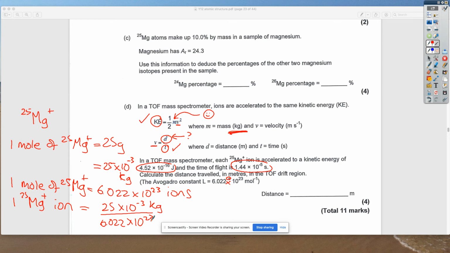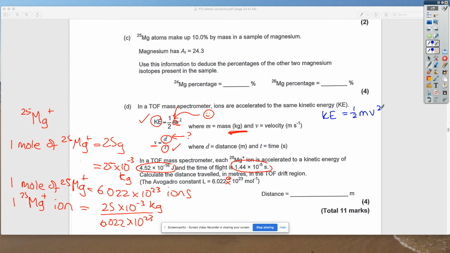It might not have been obvious at first, but we can find M. So once we've got M here, can you see we can find V? Because if I've got KE and I've got M, I can rearrange this expression to find V. I'm going to do it slightly slowly. Let's change colour. So I had KE equals half MV squared.